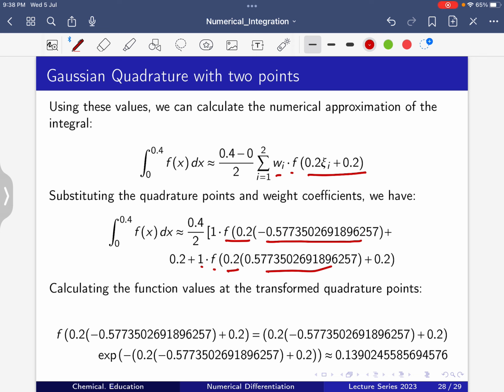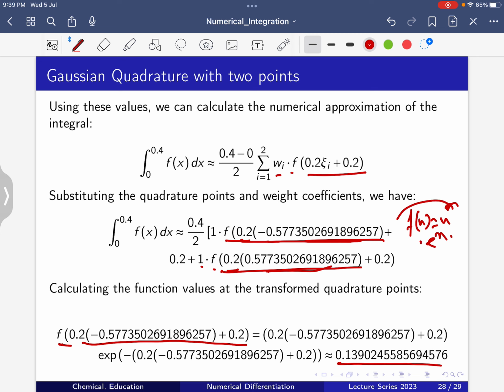Now we have to calculate f of this and f of this. Sorry, this f(x) is actually x into e to the power x, as earlier. So we are calculating that here.